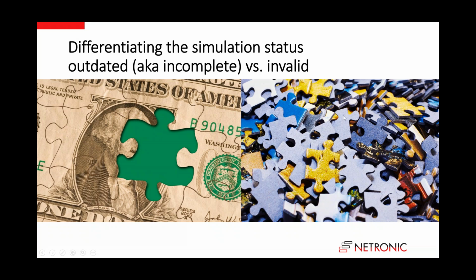Everything has been moved around and thrown apart, and you don't see the overall picture, and you have no chance to see what this image is. Here I still can see what the picture was, although a part is missing. And then I can quickly update this by adding this piece, and then I have the full picture again. So this symbolizes what we call outdated. This is invalid. No chance for you to get quickly to the full picture again.